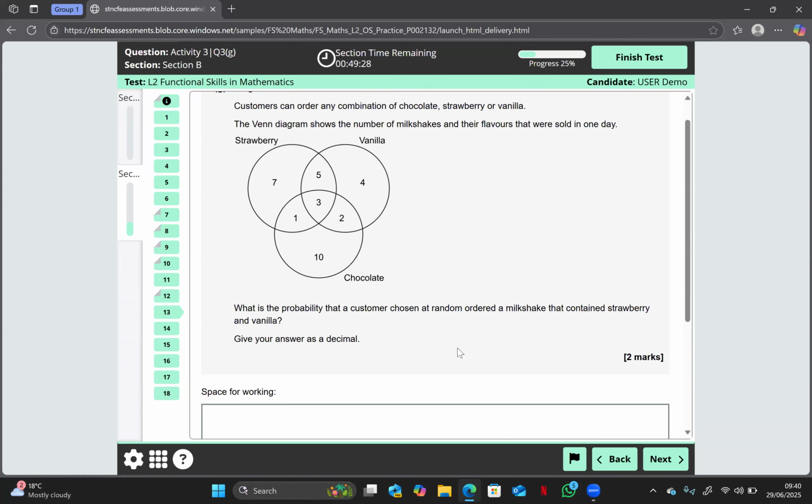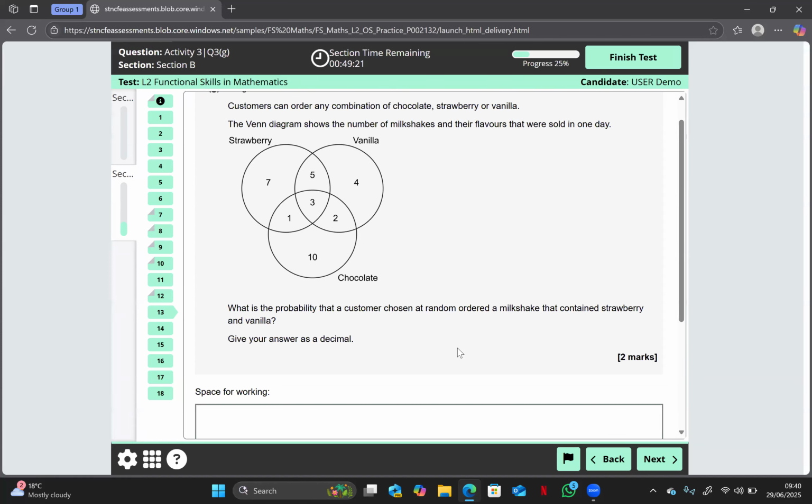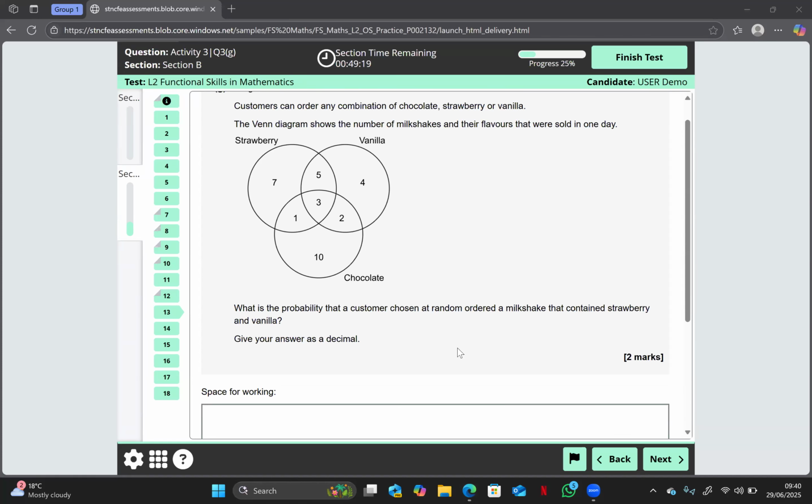So strawberry and vanilla is this one, which is 5. So 5 out of how many milkshakes were there?